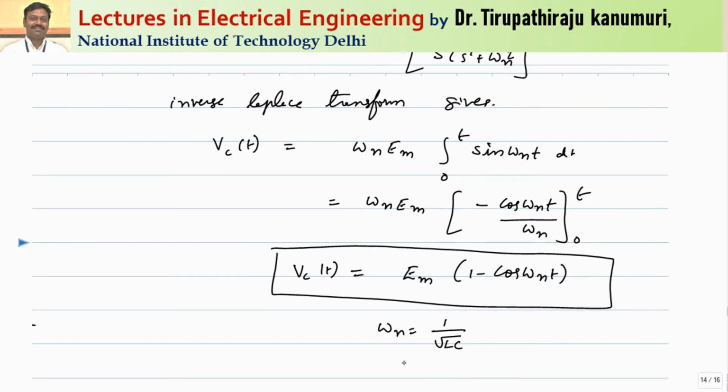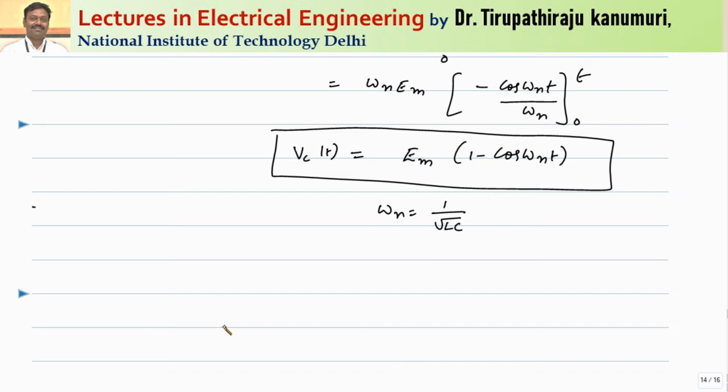So now you can see the value of Vc of t will be maximum when this internal term is maximum. So what is the maximum value that can be obtained? Because the cosine value varies from -1 to +1, you agree with me? So when this value is equal to -1, 1 minus of -1 gives the value 2. That means when cos omega nt is equal to -1, your Vc will become equal to 2 times the maximum voltage.